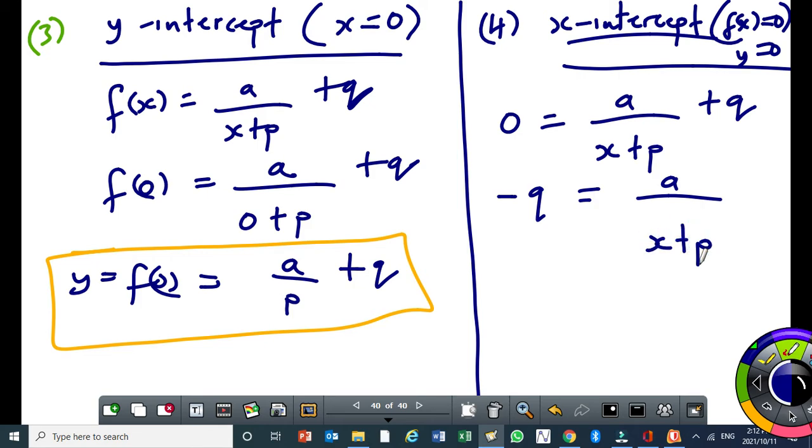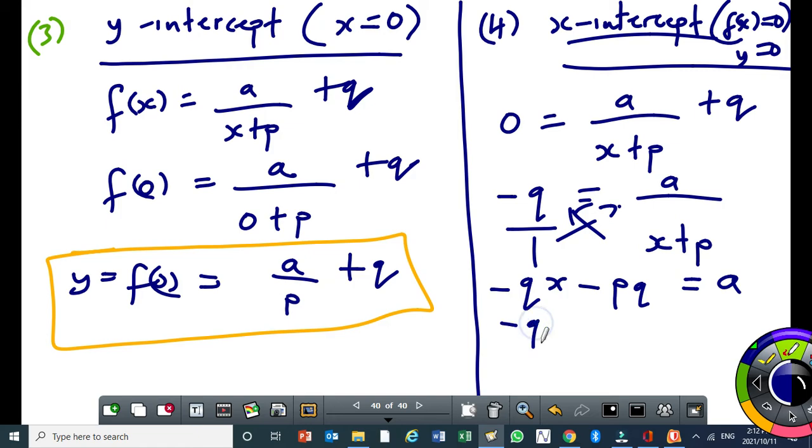Okay? I want to find the x-intercept. Then the denominator on the left is 1. You cross multiply. If you do that, you will get minus q x minus pq is equal to a. Then you take the minus pq to the right.